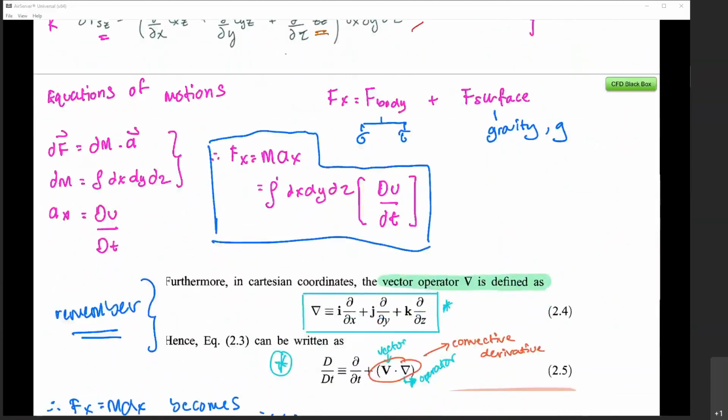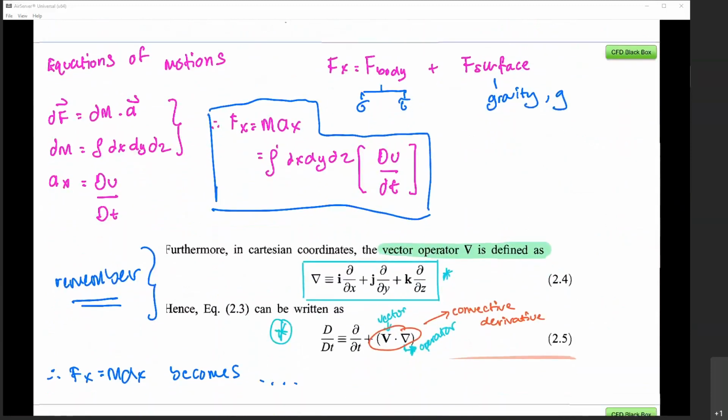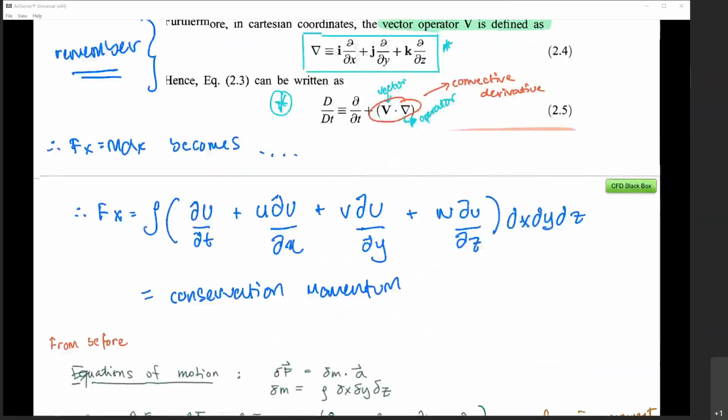This is just a recap of the equations of motion, how we get the momentum, Fx equals m ax. We can get du over dt for the acceleration, and the mass itself is in the following form, which we are going to use in substitution later.